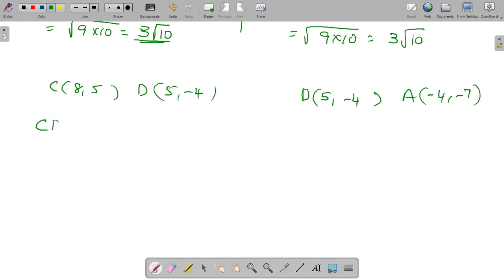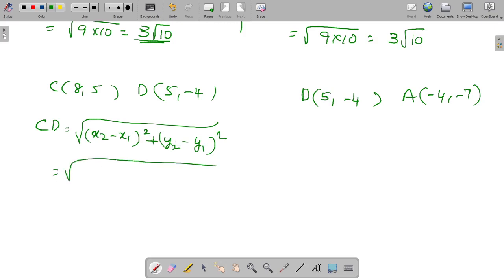The distance CD is equal to the square root of (x2 minus x1) whole square plus (y2 minus y1) whole square, which is (5 minus 8) whole square plus (-4 minus 5) whole square.